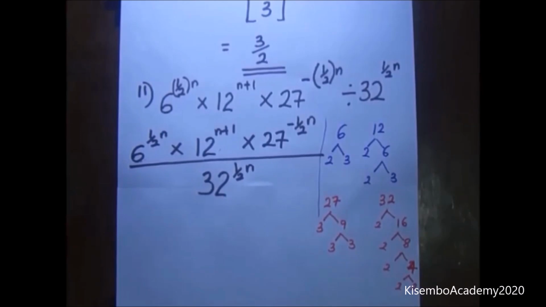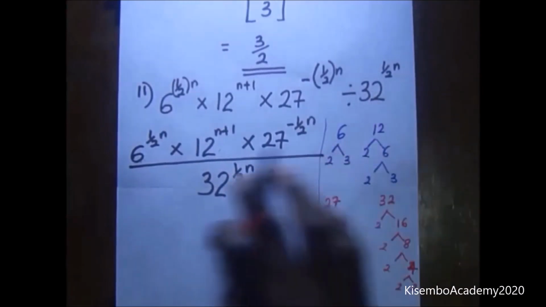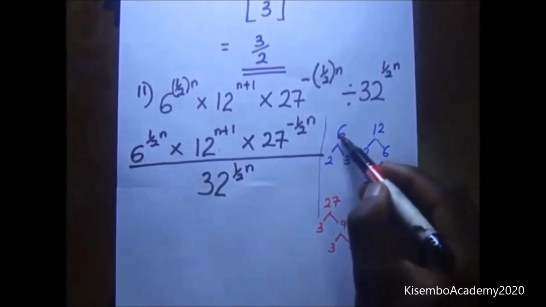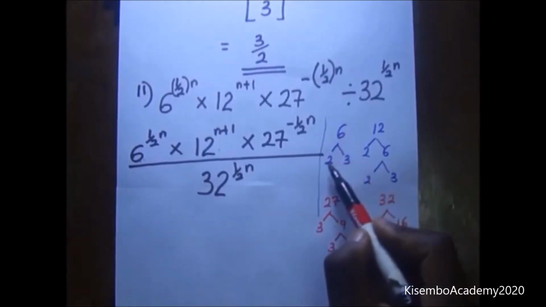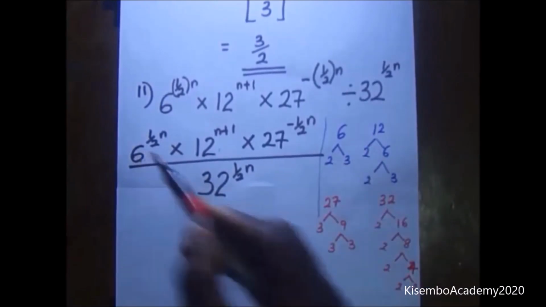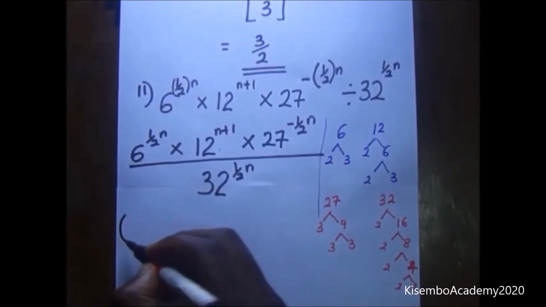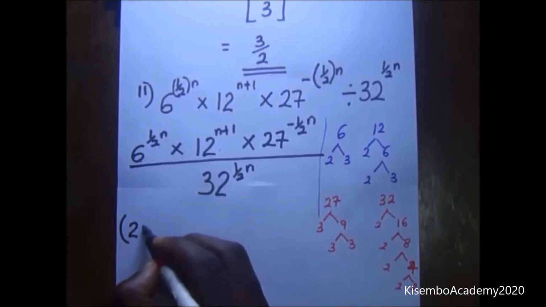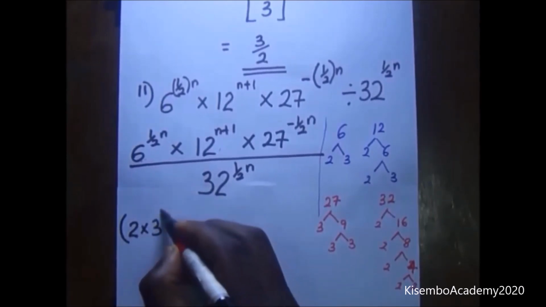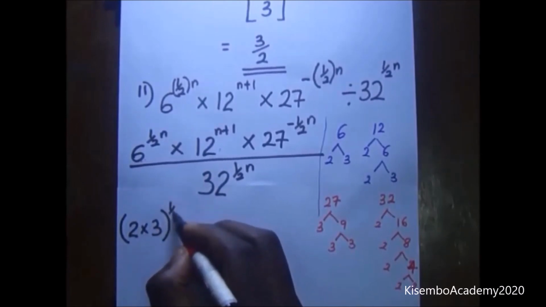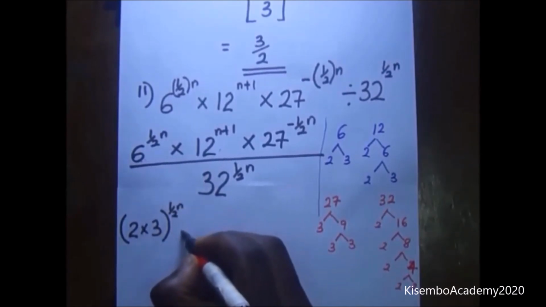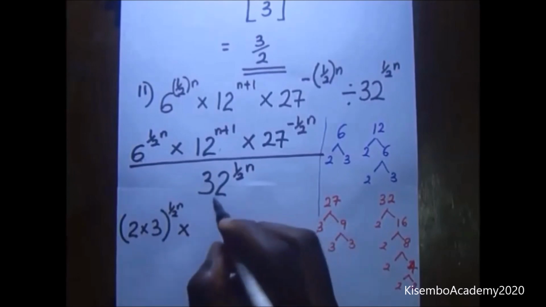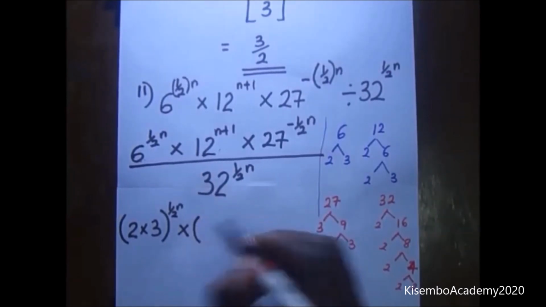So after finding the prime factors of these numbers, the value of 6 here is the same as 2 to the power 1 times 3 to the power 1. So in brackets, it's going to be 2 to the power 1 times 3 to the power 1, all this to the power half n, multiply that by 12. What is 12?